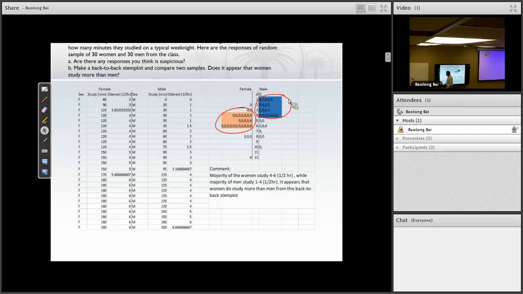So it's pretty obvious that females study more than males in this case, but this is only in a sample, right? For the sample you collected, women do look like they study more than men. But is that significant? Can we infer that to the entire population? So overall, do we have enough evidence that women really study more than men, right? So that's our goal. Okay.